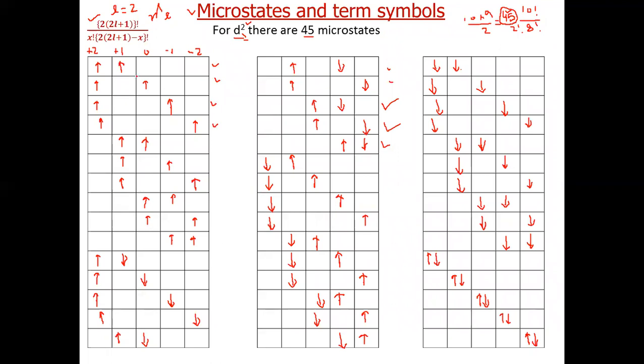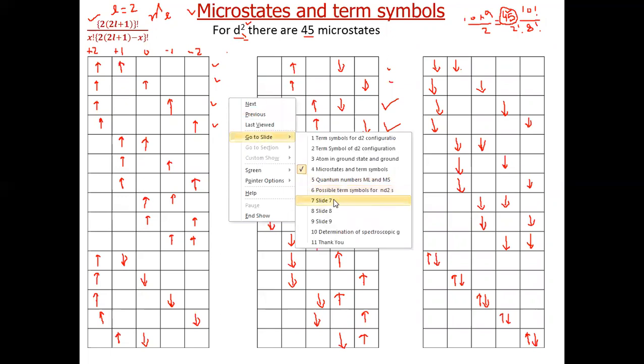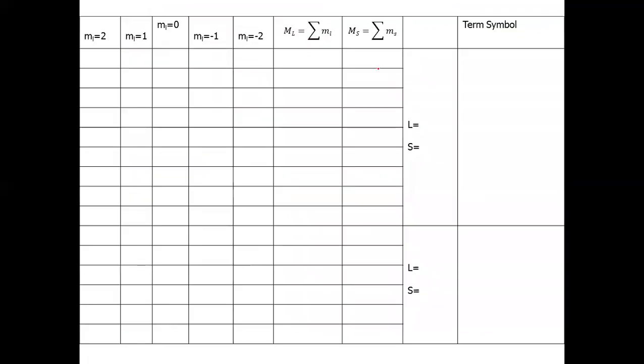Now we have to group them in such a way that we get the desired value of capital L and capital S. Our task is to make the groups of these microstates to get the desired term symbol.